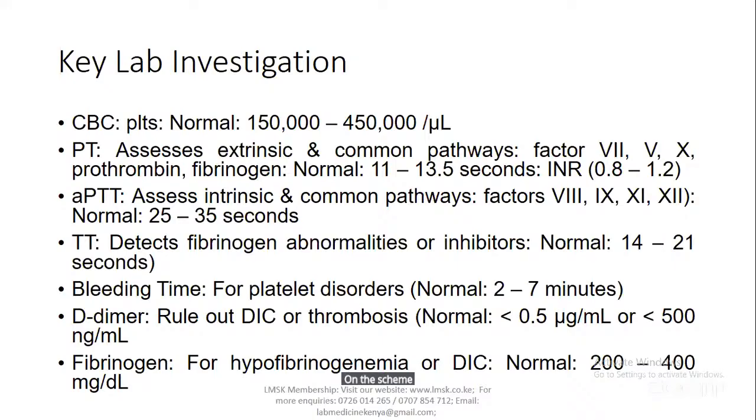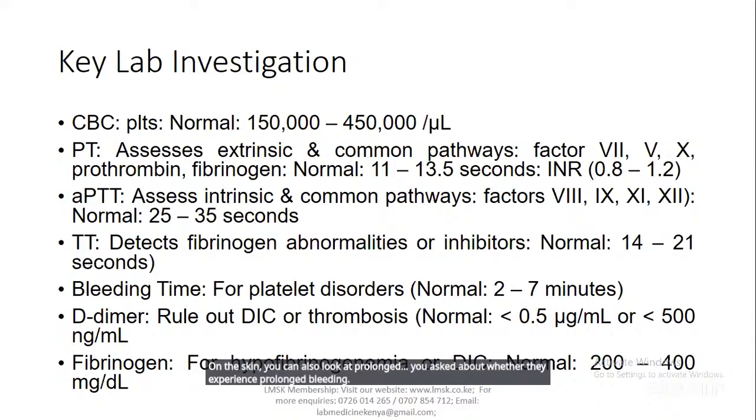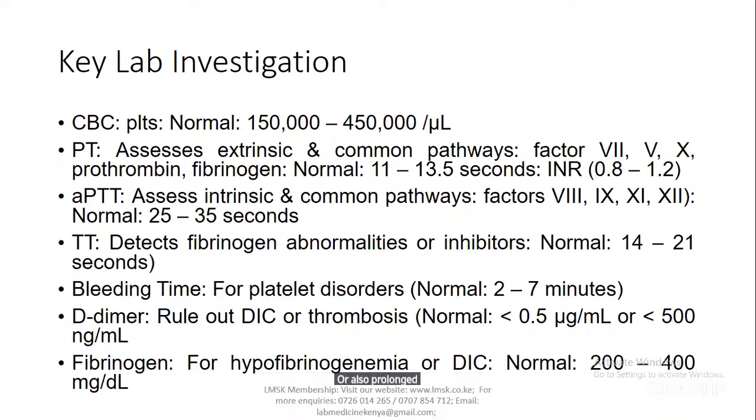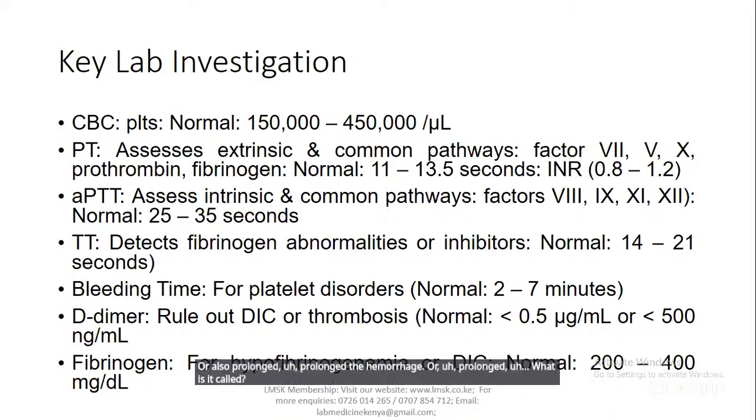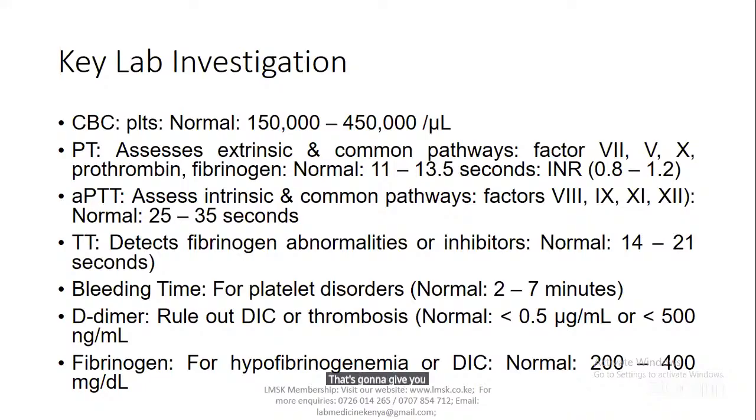You can also ask about whether they experience prolonged bleeding when they have undergone maybe surgery or when they are injured, or also prolonged hemorrhage or prolonged menstruation for ladies. That can give you a hint that somebody could be suffering from a hemostatic disorder.